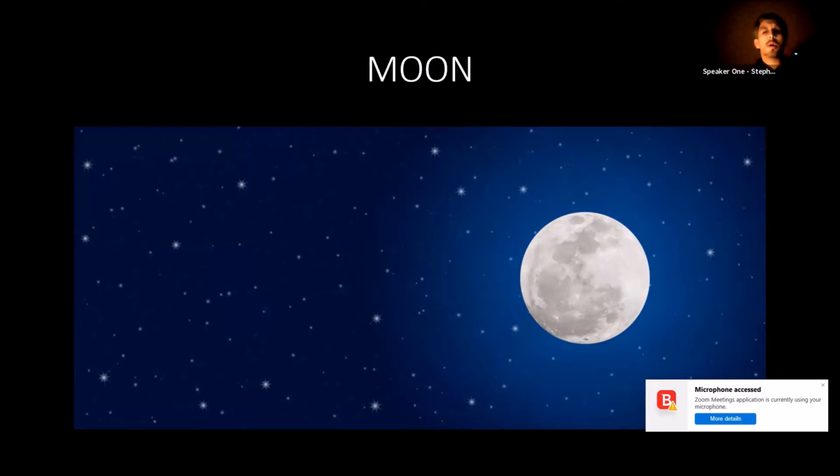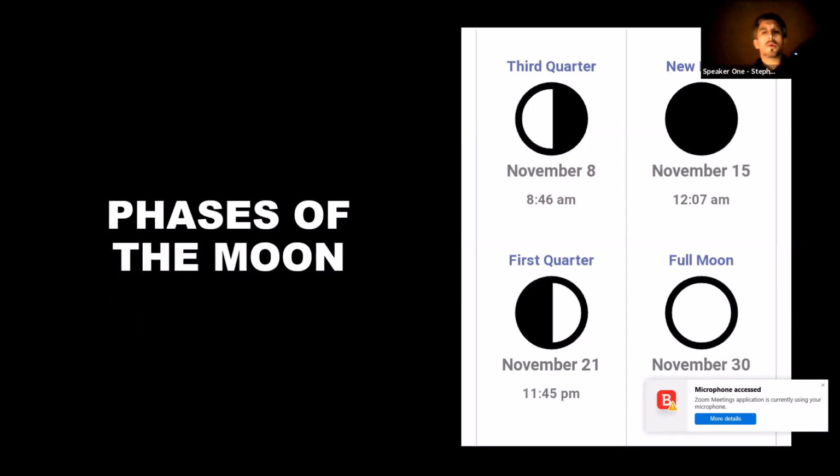Right now, the moon is 18% full. It's 3 days away from the first quarter. And when it's at the first quarter, it will be halfway, at 50% fullness. You'll see the light part on the right side.